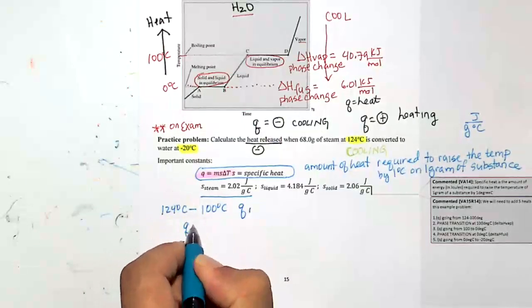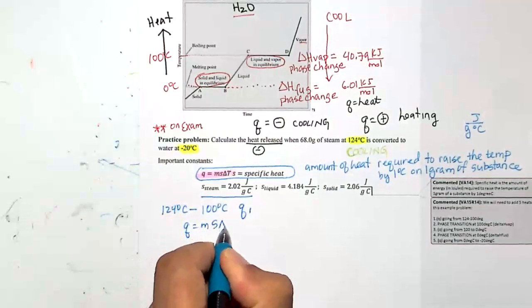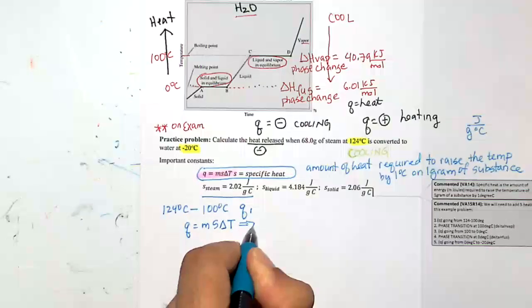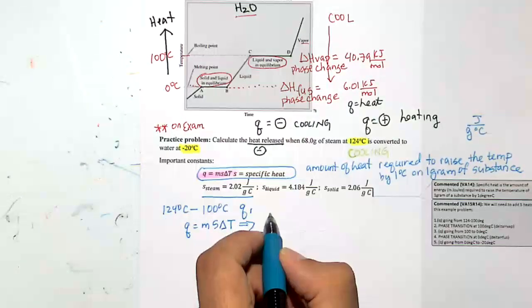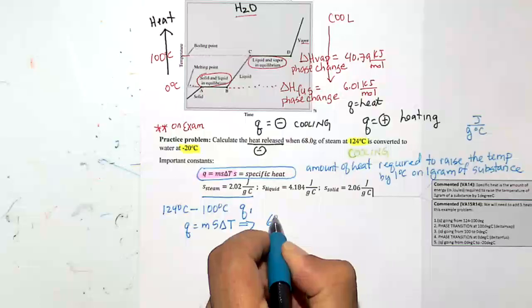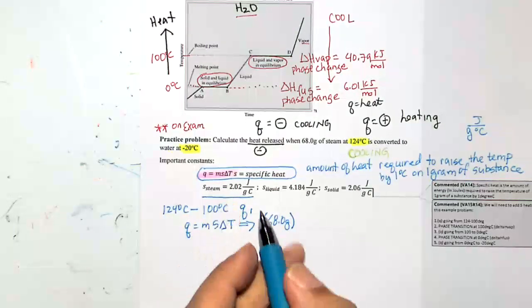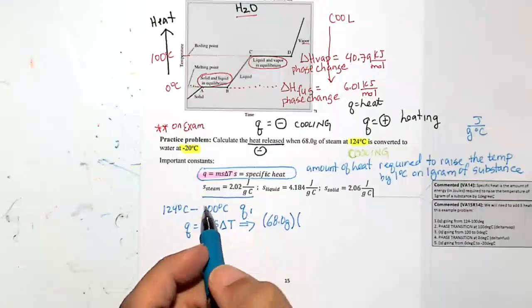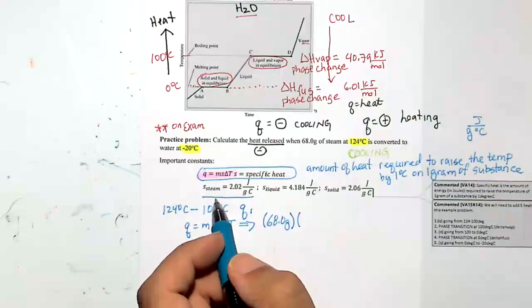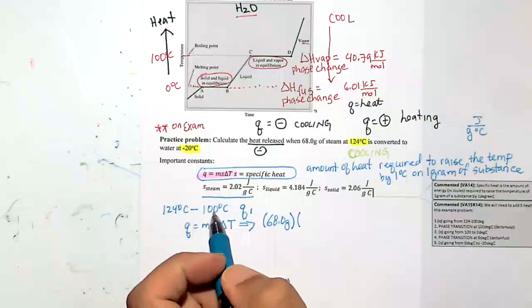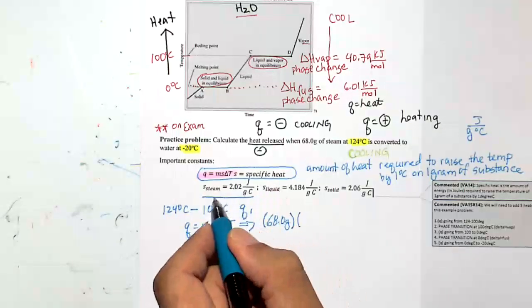Here we can use Q equals ms delta T. The mass is 68 grams of water. For the specific heat, we're going to use the specific heat of steam, because from 124 to 100 degrees you mostly have vapor or steam.